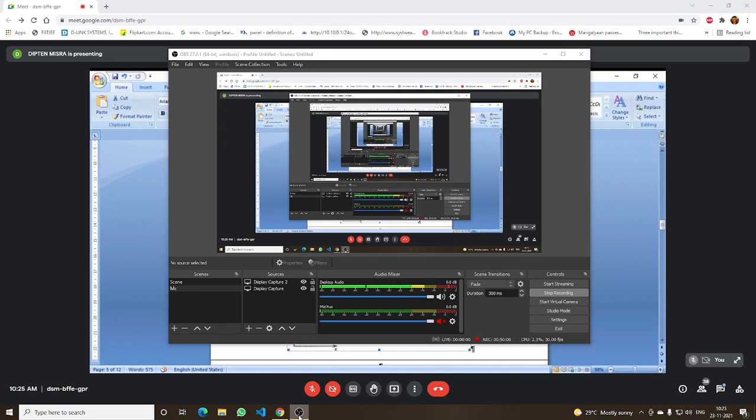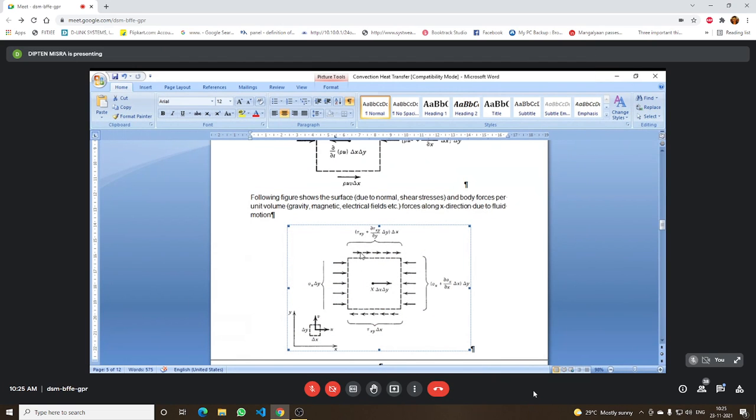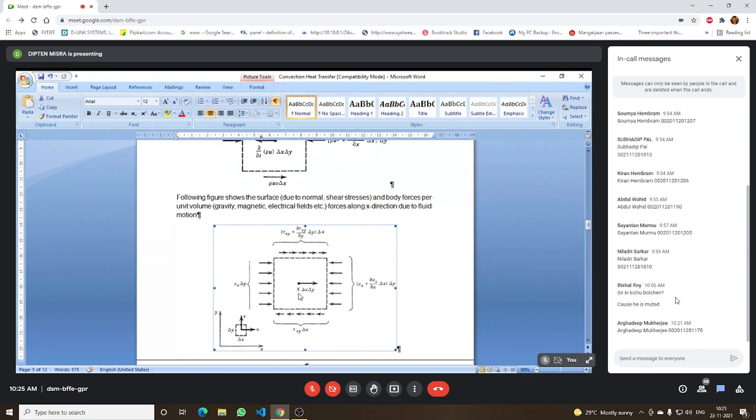There will be body force and surface force. Surface forces are of two kinds: one is the tangential force, the other is the normal force. Also the body force will have a displacement, the whole thing may move, and to cause that movement again some work is necessary.